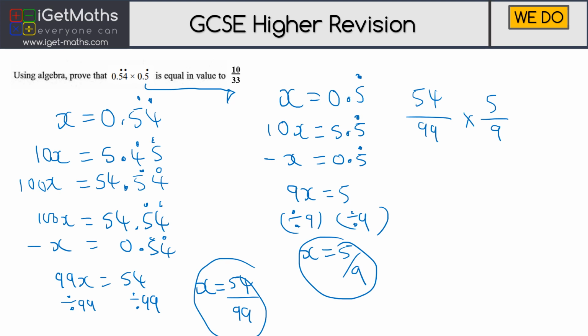So we can do 54 times 5 and 99 times 9, but if we cross cancel, 54 is divisible by 9, and you get 6, and then 9 goes into 9 once, so that can cancel down to 1, and then you've got 6 times 5, which equals 30, and you've got 99 times 1, which is just 99, and that can be divided by 3, which will give you 10 over 33, and you're done.